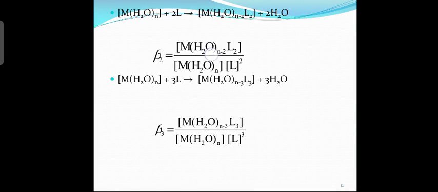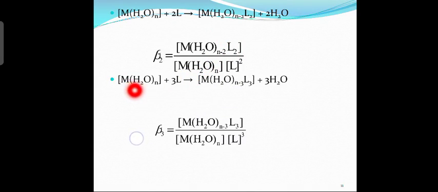Next slide. Another reaction: M(H2O)n plus 2L gives M(H2O)n-2 L2 plus 2H2O. Beta 2 is given by the product concentration M(H2O)n-2 L2 divided by M(H2O)n and L to the power 2.